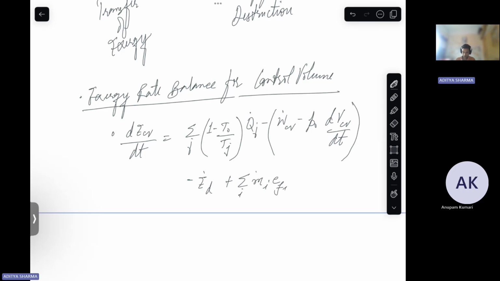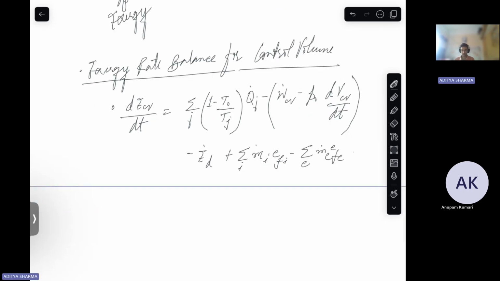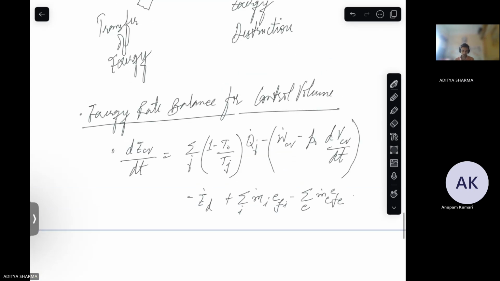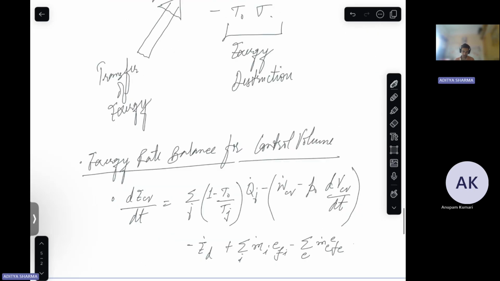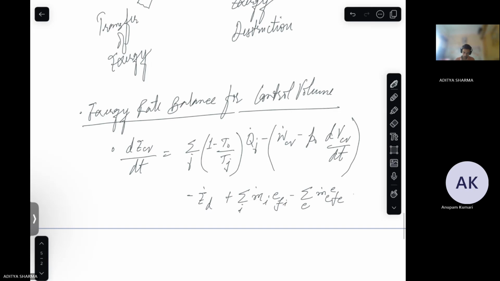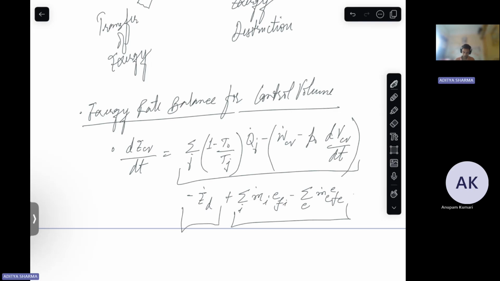Now, as entropy was an extensive property, the same is the case here. Exergy is also an extensive property, so it depends on the extent of the substance. So this is your exergy rate balance for your control volume. Like in the above case, there is transfer of exergy in these terms, and this is your exergy destruction term.